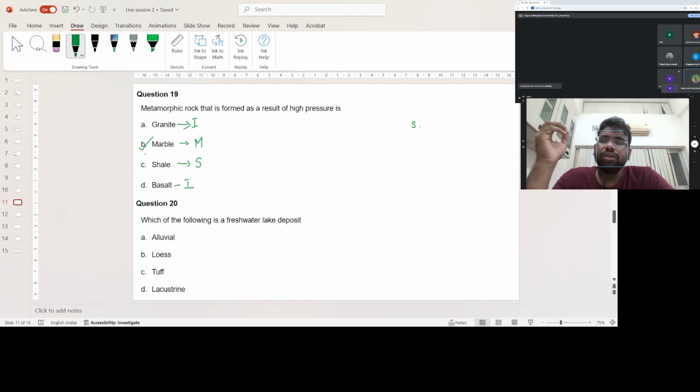The primary difference is the crystallinity of the grains in granite and basalt. Since granite cools over a very long period of time and is found at a relatively larger depth, the rate of cooling is very slow, so granite is formed. And basalt is a result of rapid cooling.